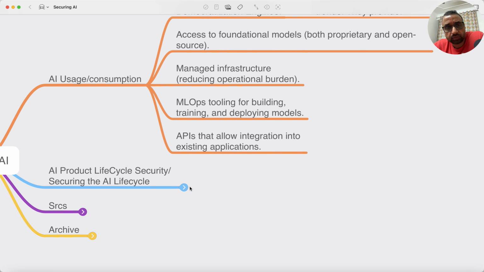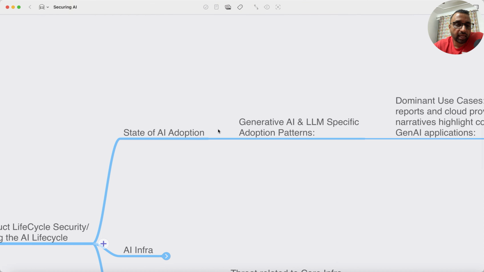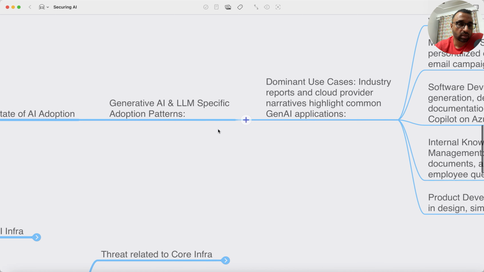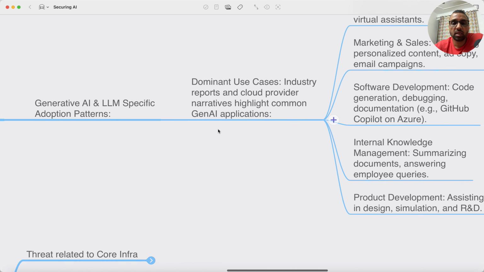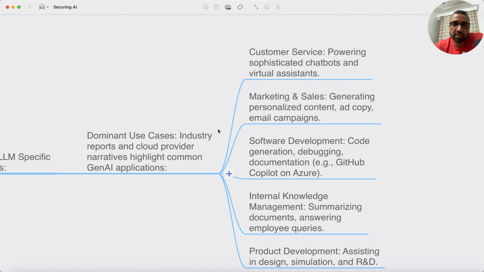Now, what is also happening is across industry, the Gen AI and LLM specific adoption patterns are clearly visible. Okay, so the dominant use cases that I've seen is one, customer service, which is powering sophisticated chatbots and virtual assistants.